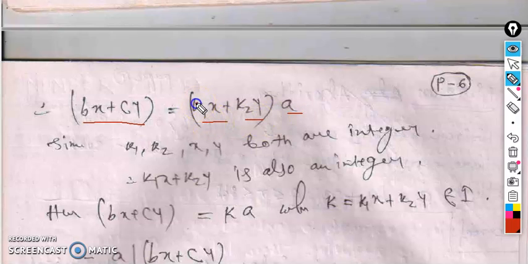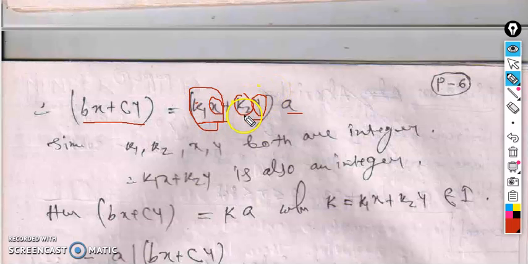K1 is an integer, k2 is an integer, x is an integer, and y is also an integer. This one is the product of two integers, so it is an integer.